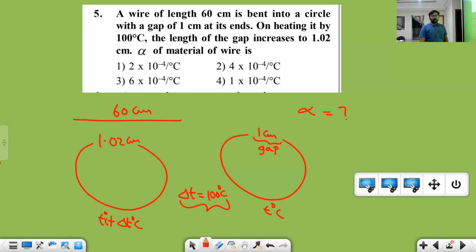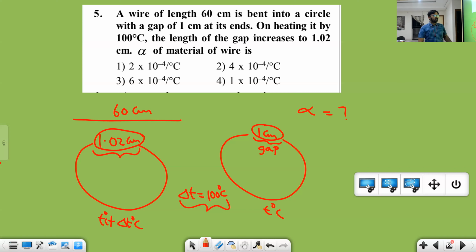So here the main question is, what is the necessity of taking the initial length of 60 centimeters? For our solution, no necessity at all. Because what we discuss for expansion is about length. So the initial gap is 1 centimeter and the final is 1.02.